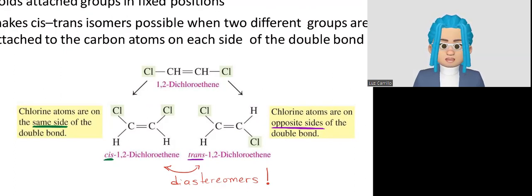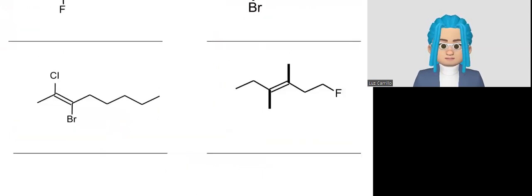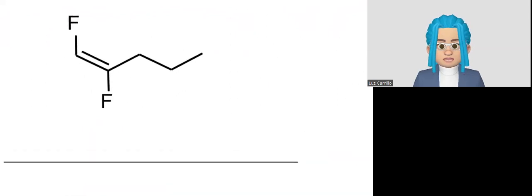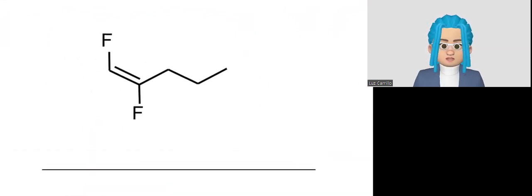Since we recently learned how to name alkenes, let's incorporate this knowledge of cis versus trans into the naming of alkenes, in addition to knowing that if you have two alkenes and one is cis and the other is trans, they're diastereomers of each other. I'm going to do one example for you.